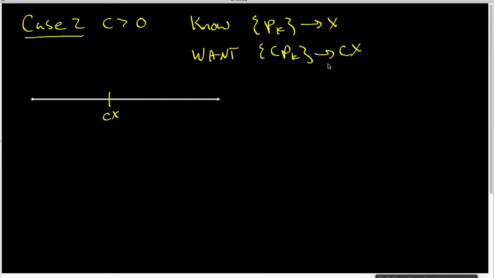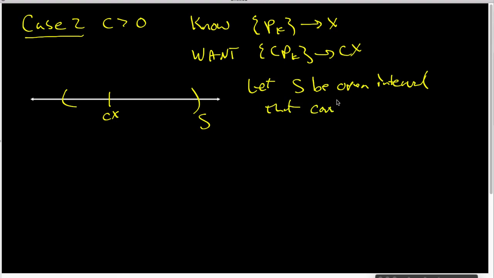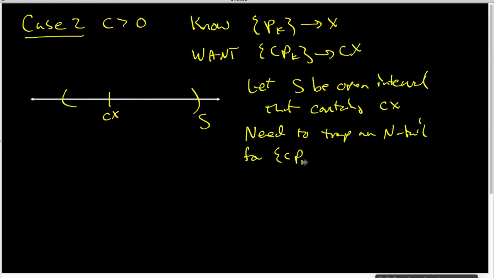And to show convergence of the sequence of c times p_k going to cx, I need to put an open interval about cx. So we are going to let S be an open interval that contains cx. And what I need is to trap a tail for the sequence of c times p_k inside that open interval.